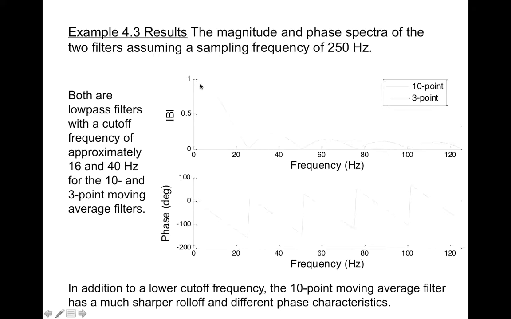Also notice that it just rolls off faster. The phase characteristics, which cannot be that easily seen in this plot, are probably better to look at in the textbook plot. You can see that you get these zigzag looking things.